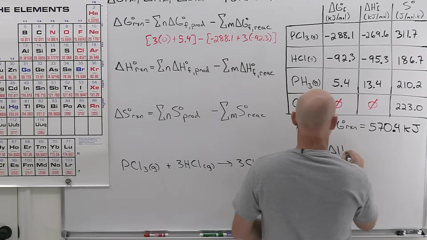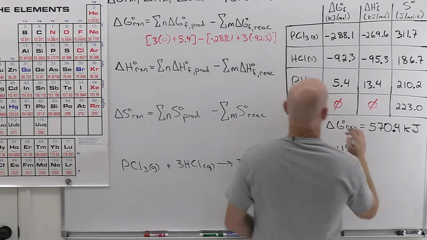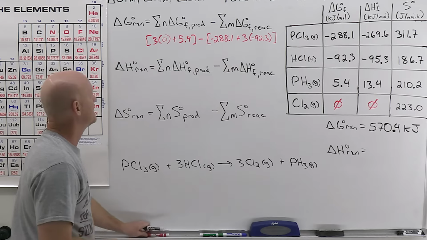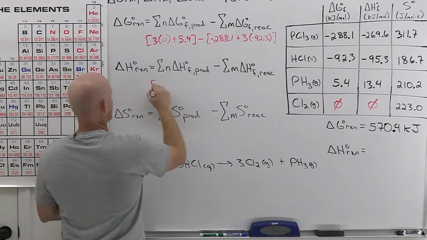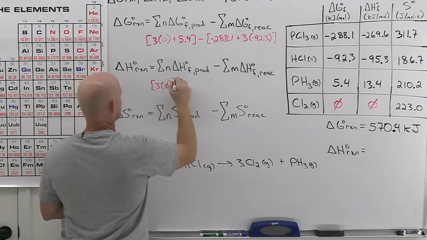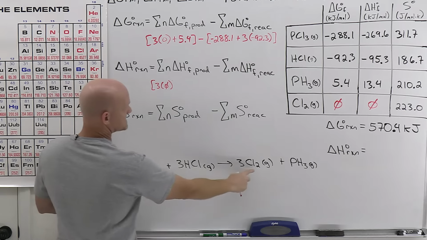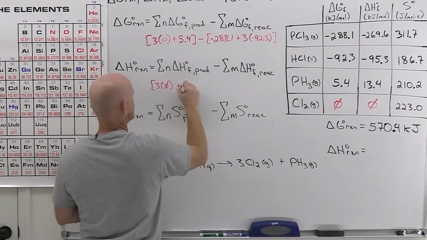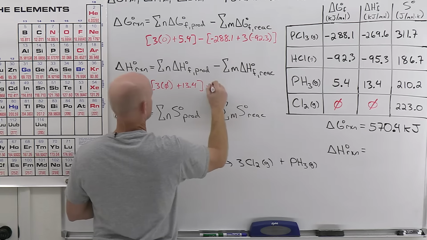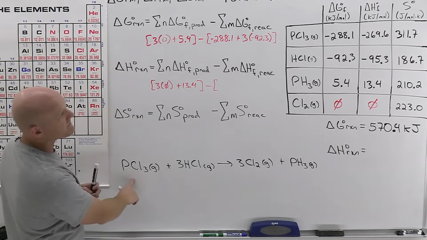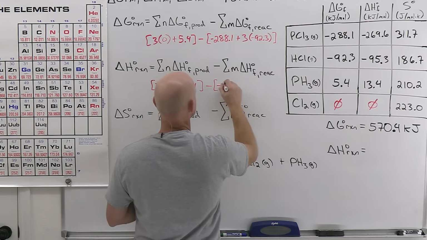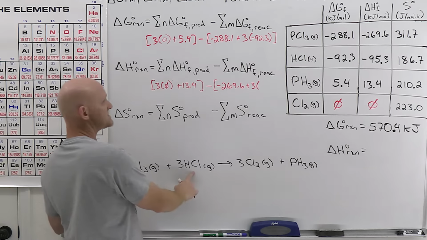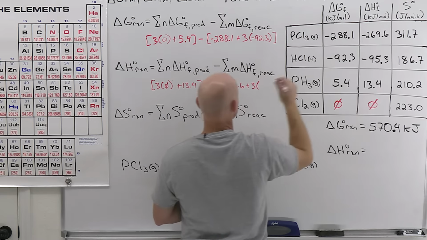And then we'll calculate delta H of reaction next. And it'll just be products minus reactants, but using the delta H's of formation instead. So in this case, once again, we're going to have 3 times 0 for the Cl2, and then plus 13.4 for the PH3. Minus PCl3's value, which is negative 269.6, plus 3 times HCl's value, which is negative 95.3.